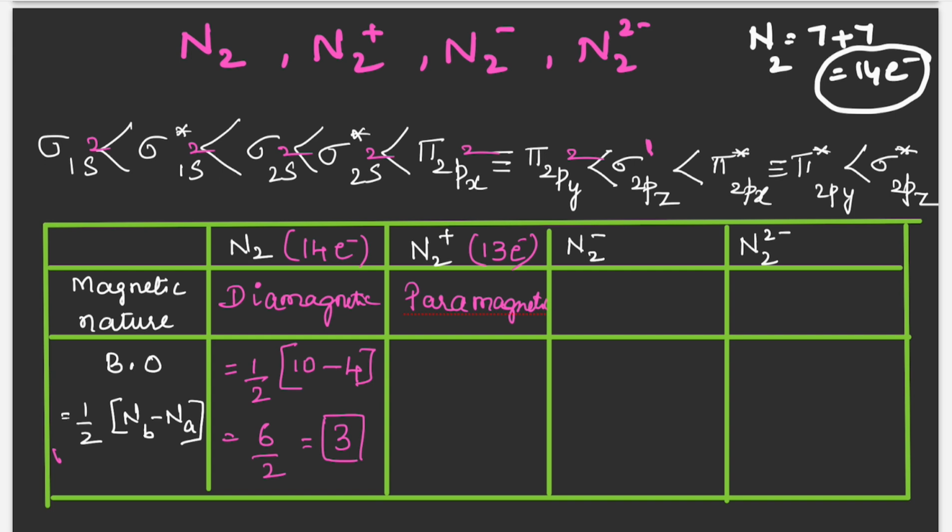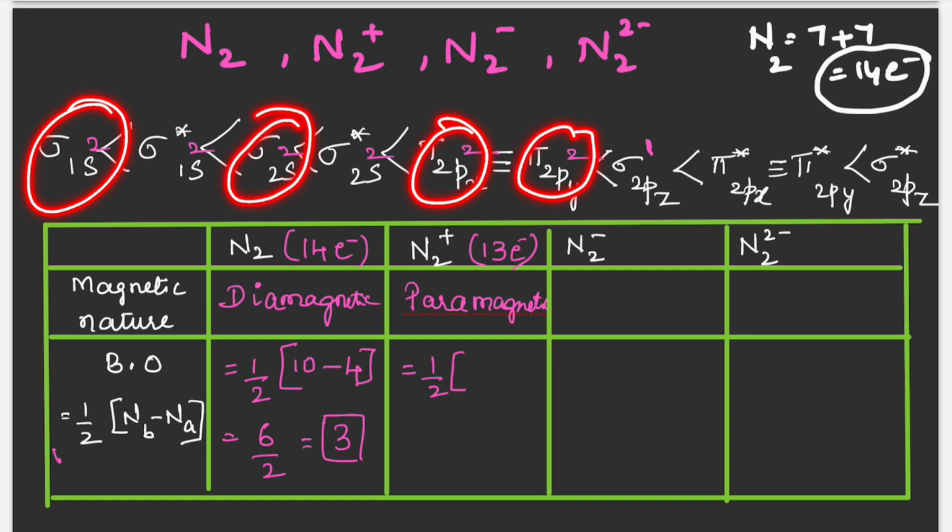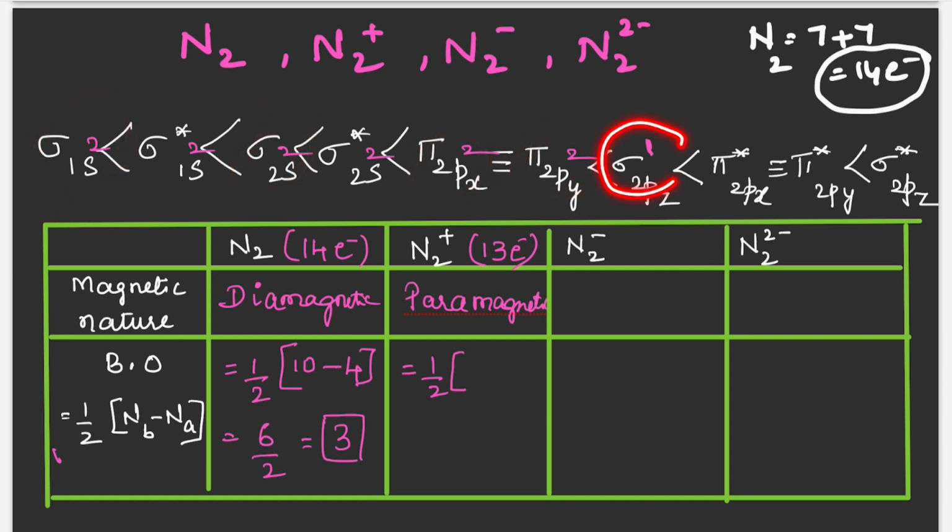Next we are going to calculate the bond order, which is equal to half of the number of electrons present in the bonding molecular orbital. Just count 2, 4, 6, 8. So totally 8, and here 1 plus 1, 9. So totally there are 9 electrons. 9 minus how many electrons are present in the anti-bonding molecular orbital? Count 2, 4.